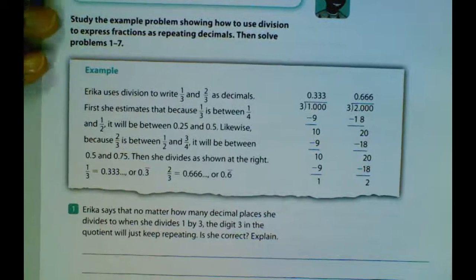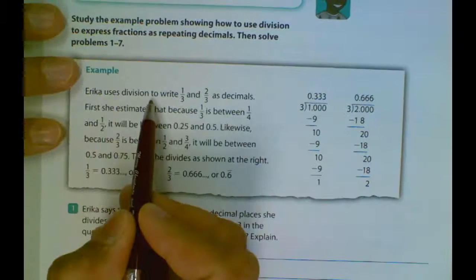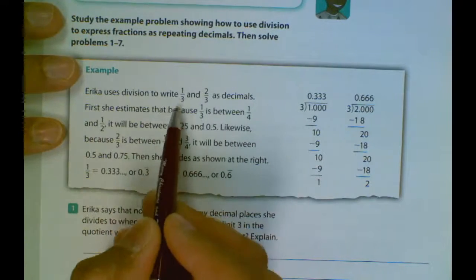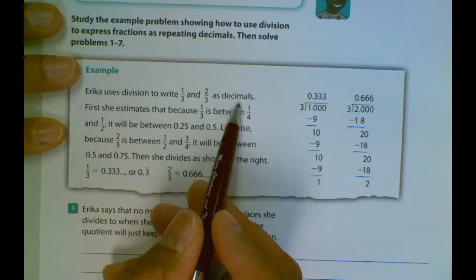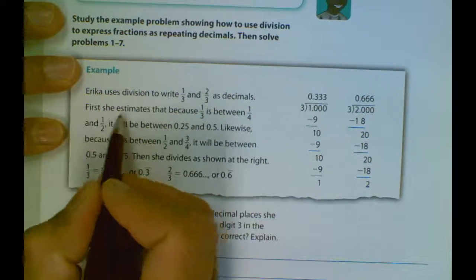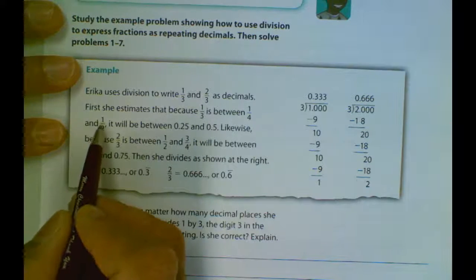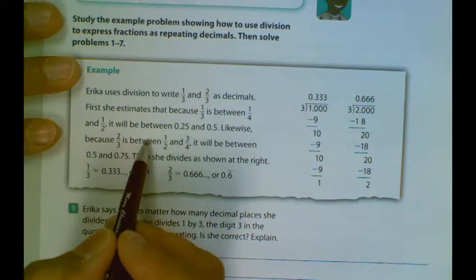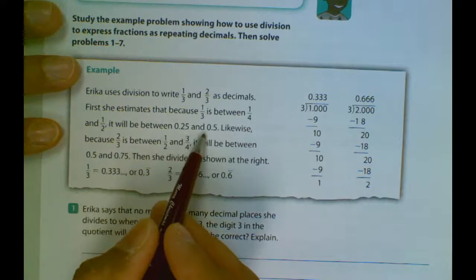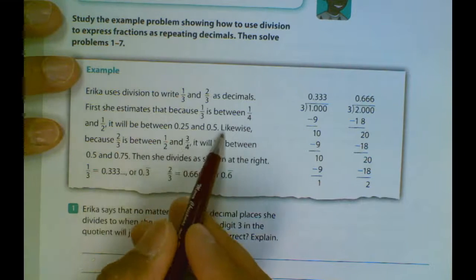For example, Erica uses division to write 1/3 and 2/3 as decimals. First, she estimates that because 1/3 is between 1/4 and 1/2, it will be between 0.25 and 0.5.